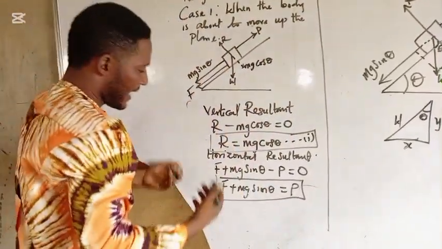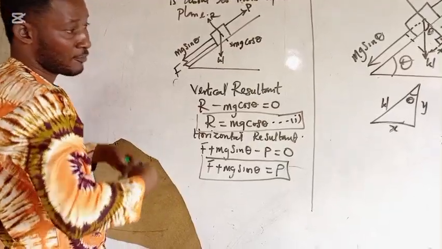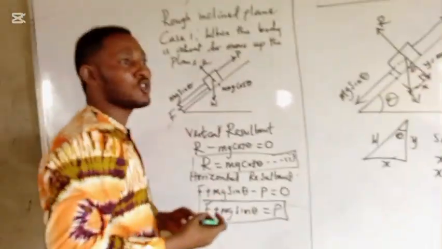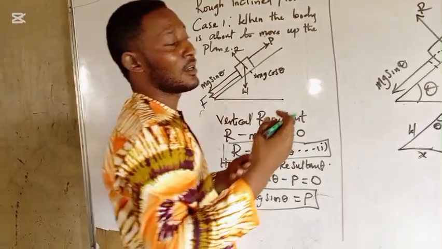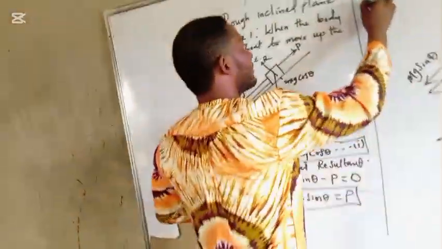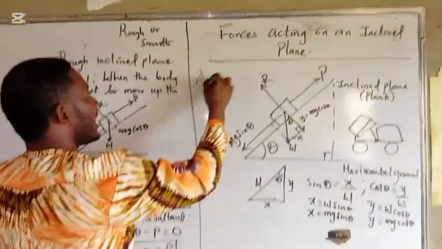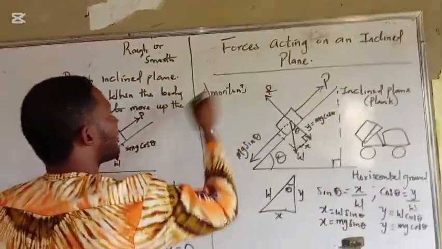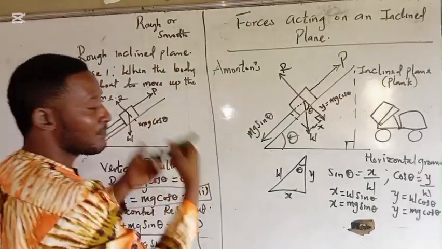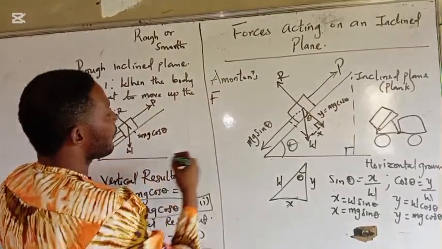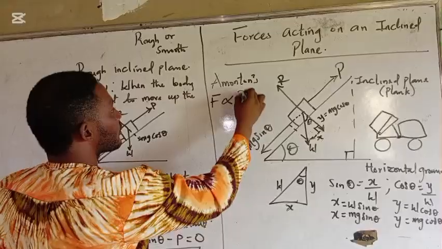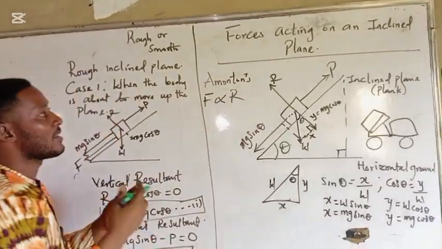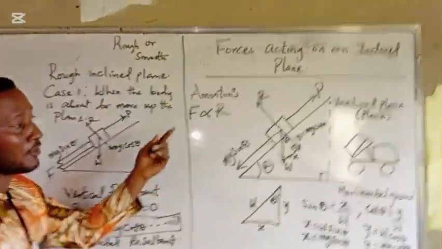But then, you may ask, what is the formula for frictional force? Remember, according to Hamilton's law of friction, it is established that the frictional force is directly proportional to the normal reaction. That is, the more the normal reaction, the more the frictional force.